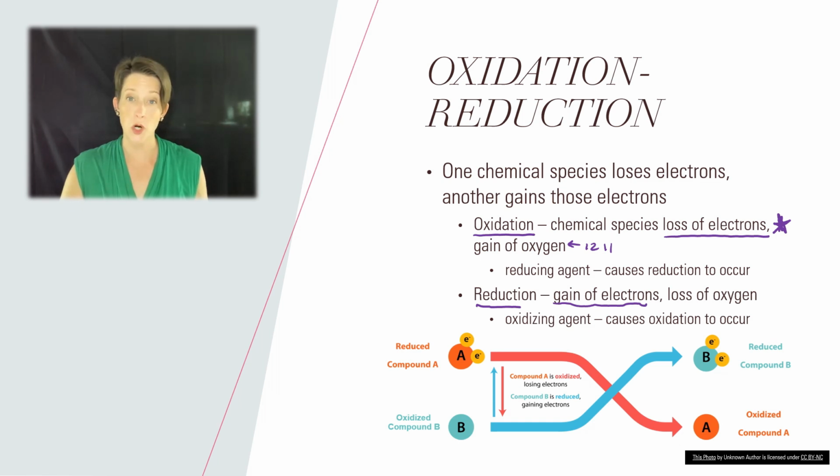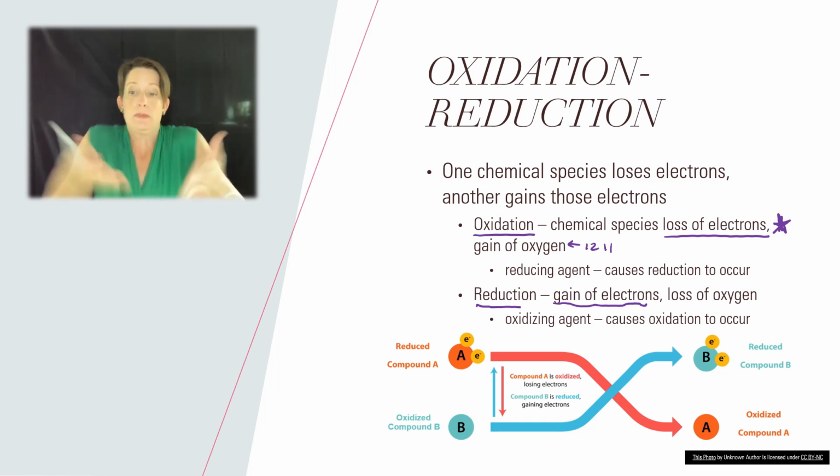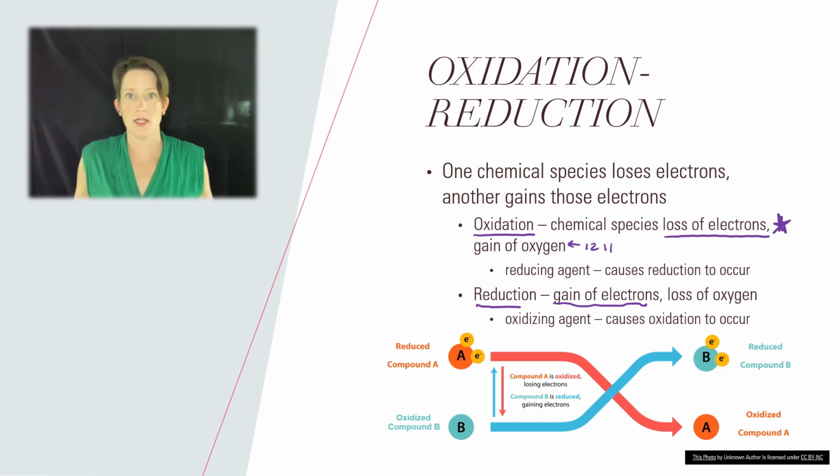For these to occur, we have to have something that spurs that reaction forward. Some reactions can be spontaneous and just happen, but for the most part, there needs to be kind of like a kickstart. We have what are called oxidizing and reducing agents. A reducing agent causes reduction to occur.